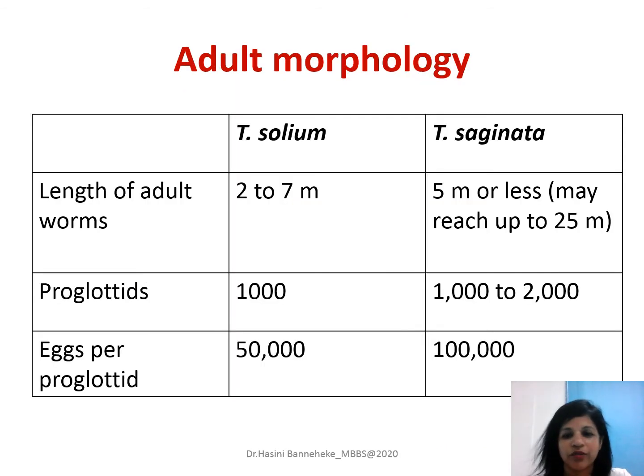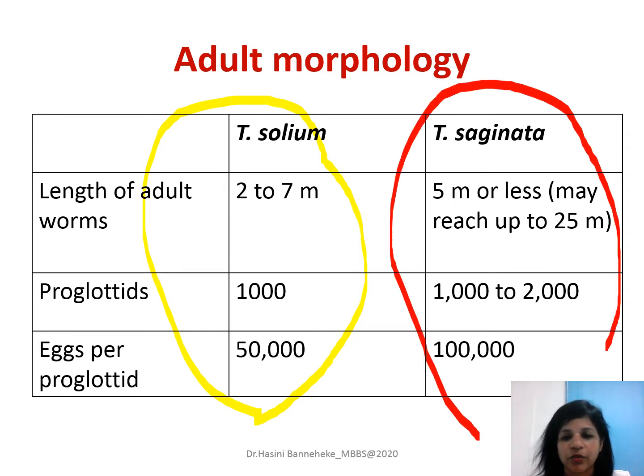Moving on to adult morphology. Now let's learn something about the adult morphology of both species in comparison with each other. First let's look at Taenia solium. Taenia solium, in the pig, is relatively smaller in size compared to Taenia saginata, because Taenia saginata is longer than Taenia solium. If you compare the number of proglottids, Taenia solium has about 1000, whereas Taenia saginata has about 1000 to 2000.